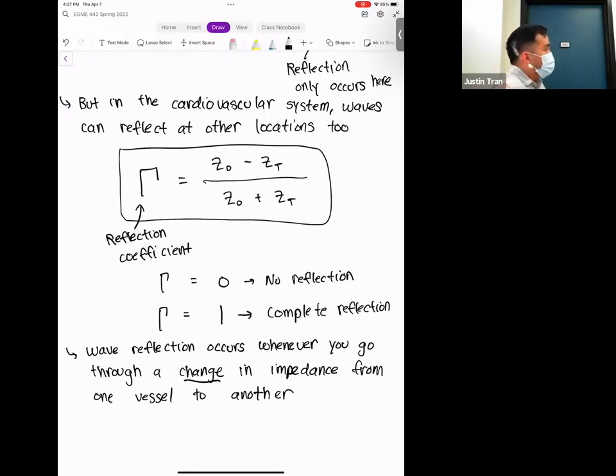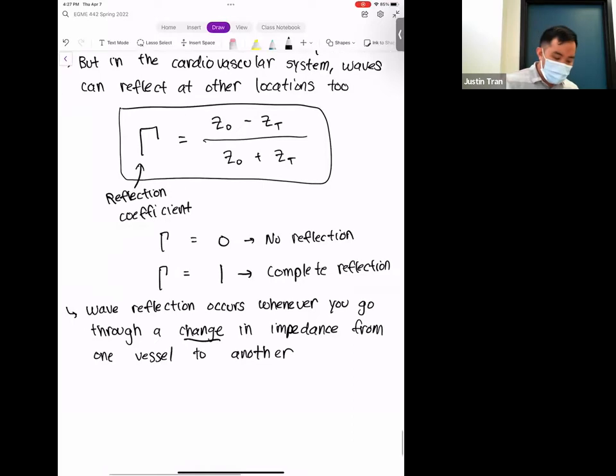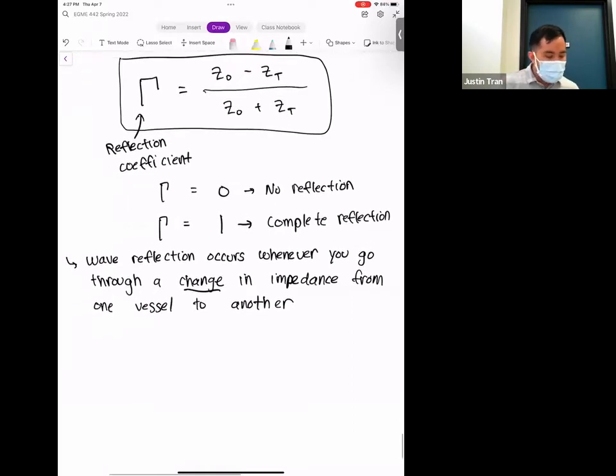In other words, whenever there's a difference between the characteristic impedance of this vessel and the terminal impedance of the downstream vessels, that's when you get wave reflection. This most commonly occurs at the bifurcations, because that's where you see a big, drastic change in impedances.